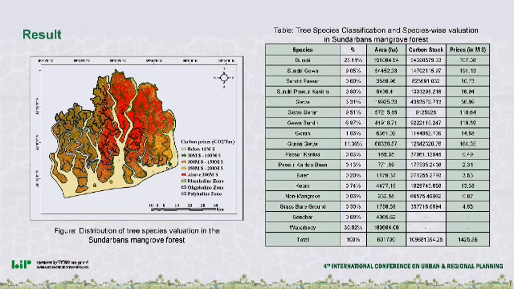Sundari trees have high carbon content, and our valuation table breaks down the monetary contributions of each mangrove species. So here Sundari, Gewa Goran and Goran Gewa comprise most of the areas and the economic valuation.